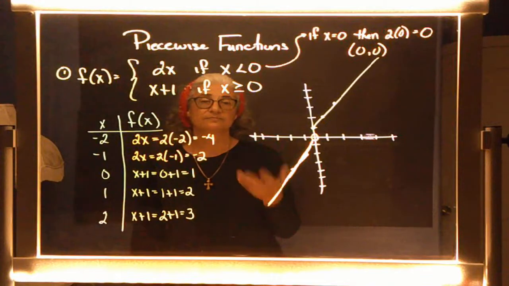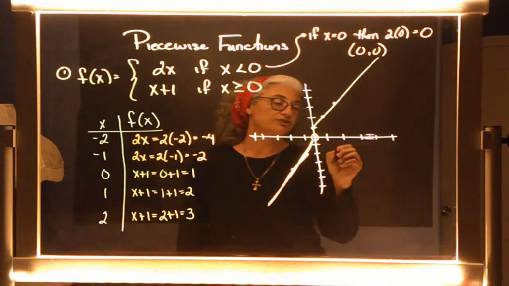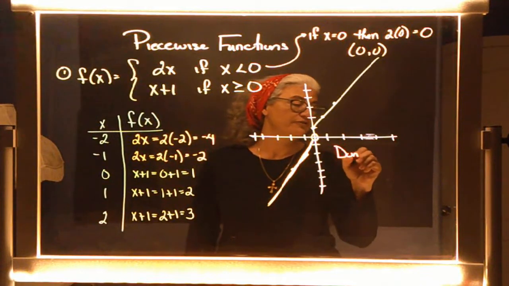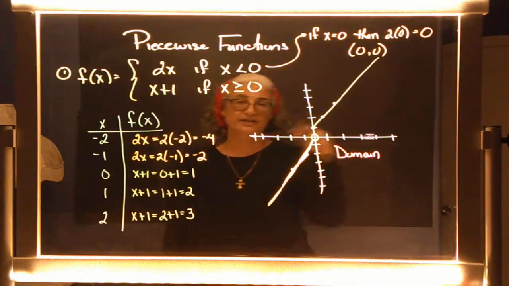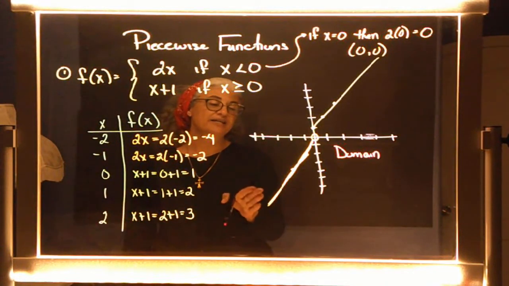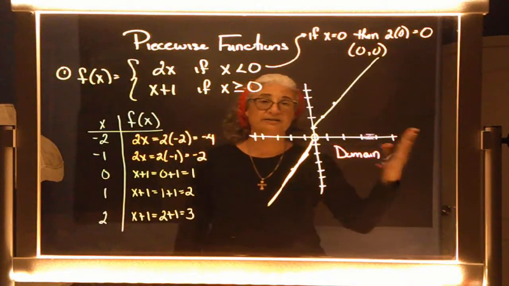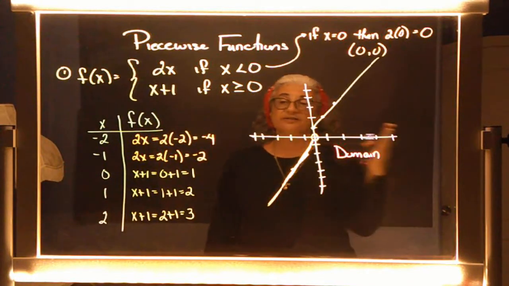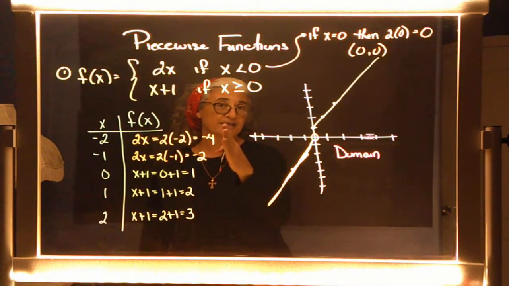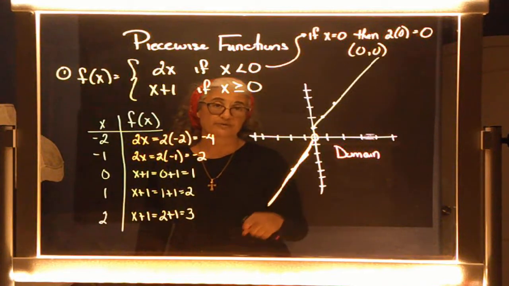Cool? All right. Now, I want to look at the domain and the range of this function. So let's look at the domain first. The domain refers to the input, which are our x's, right? So if I'm taking a look at my graph, and remember, x's go left to right because we go from the smallest to the largest. I'm going to start over here at the smallest x's, so I'm starting from the left. When I'm starting from the left, do you notice this graph keeps going, right?